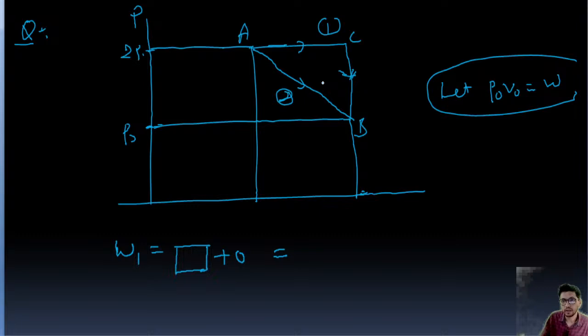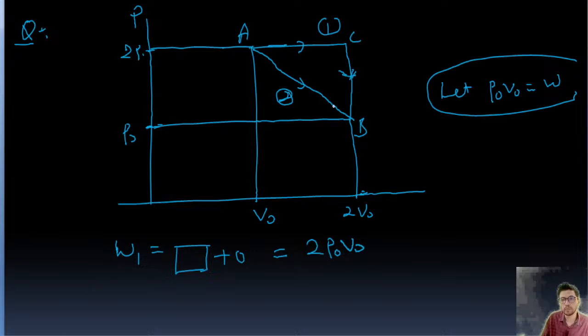So this height is 2P naught, and this width is V naught. My apology, this is V naught and this is 2V naught. So this height is 2P naught and the width is V naught, right?